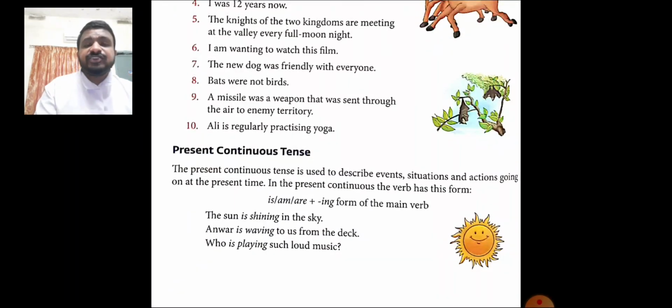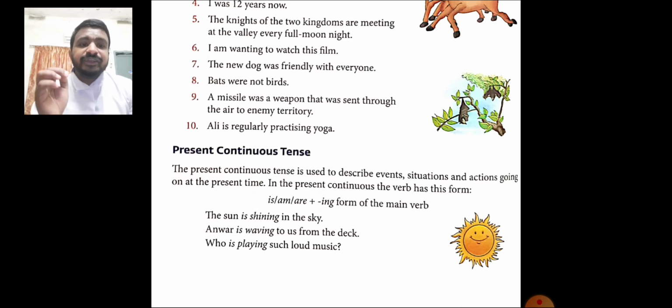Now, present continuous tense is used to describe events, situations, and actions going on at the present time. So, what do you need to remember? Whatever the actions or events or situations that are going on at the present time. For example, the sun is shining in the sky.